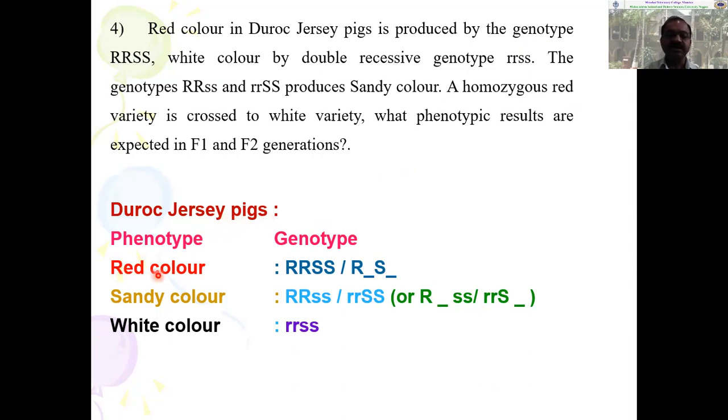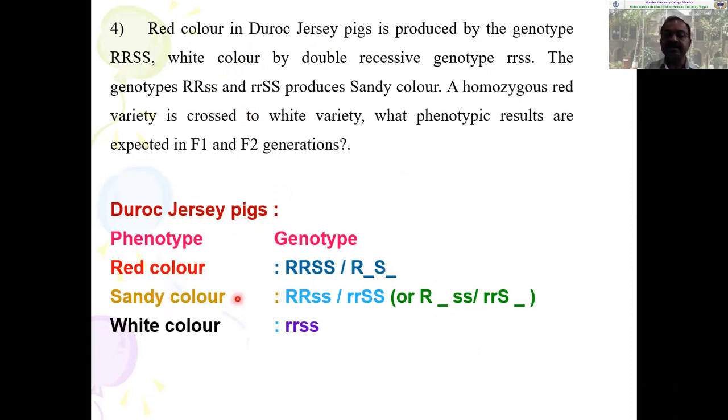Red color is expected, as given, to be homozygous, capital RR, capital SS. Or if we have one capital R and one capital S, as in that first example we have seen, a purple color or like that. So when of the two alleles, capital R and capital S, are dominant in nature, it will be a red color.